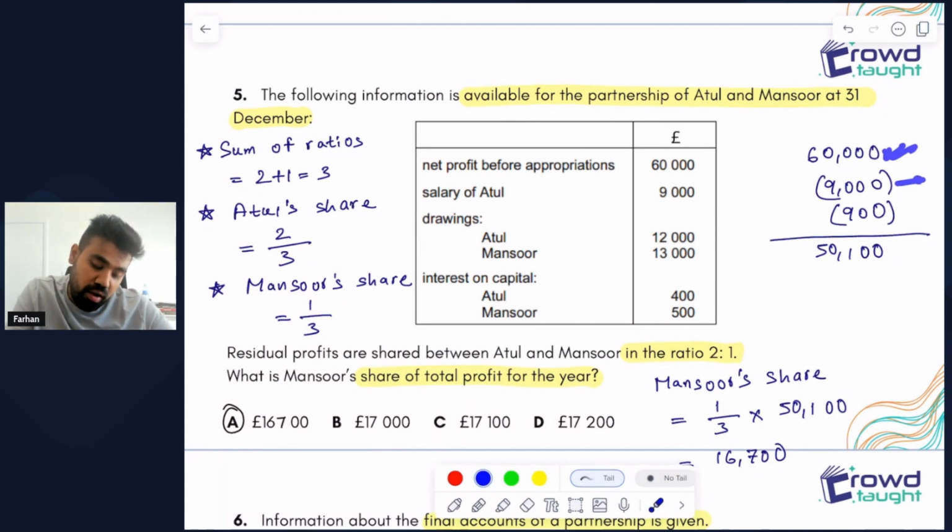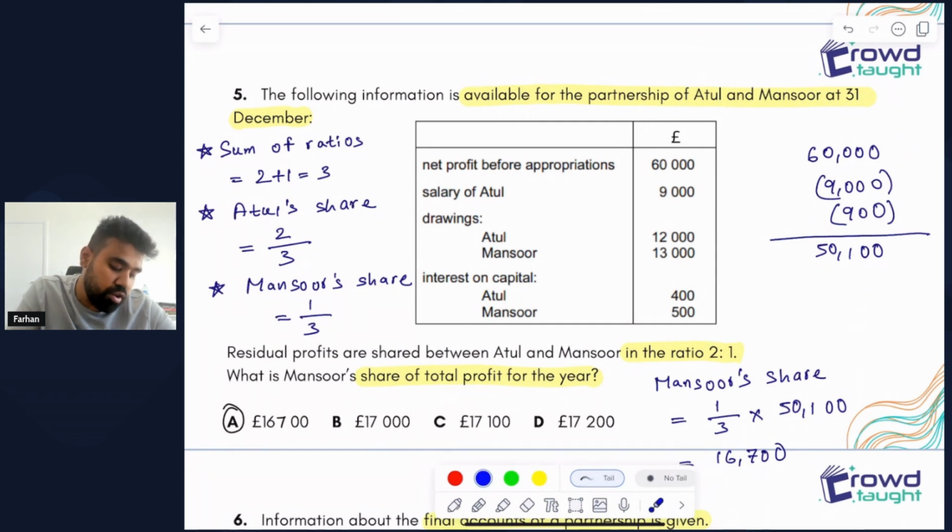And then we have subtracted the interest in capital of £900 because we understand that the interest in capital is something that the business will be providing to its partners from the profit that it makes. On that basis, the residual profit or the remaining balance available for distribution is £50,100.